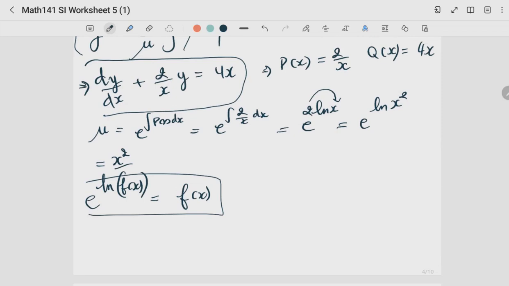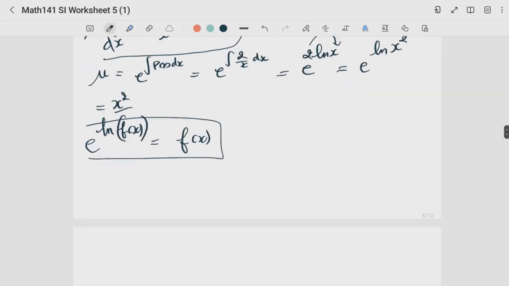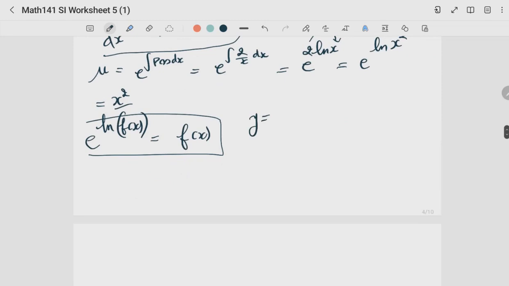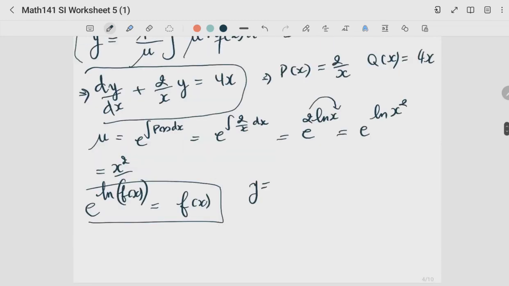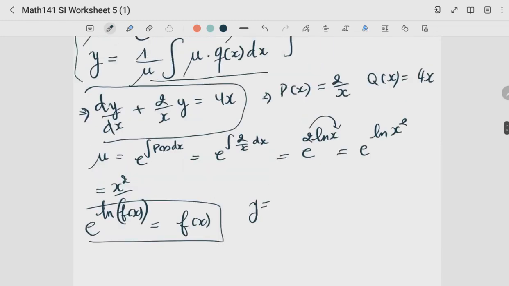So now we need to get our y. And remember that our y is just 1 over mu, we have the formula there. So 1 over x squared, multiplied by the integral of x squared, which is mu, multiplied by q of x, which is 4x dx.